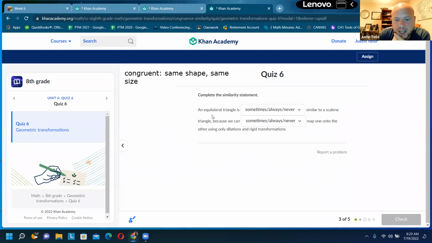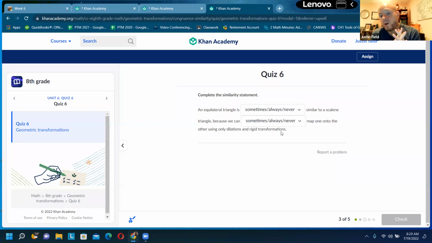Complete the similarity statement. An equilateral triangle is sometimes, always, or never similar to a scalene triangle because we can sometimes, always, or never map one onto the other using only dilations and rigid transformations.